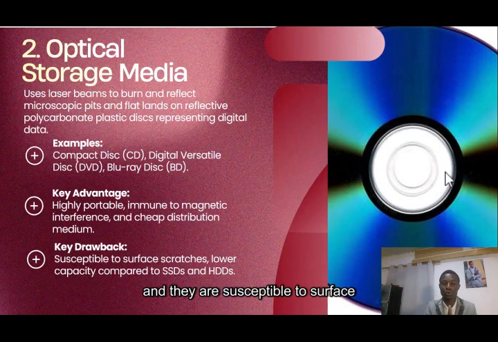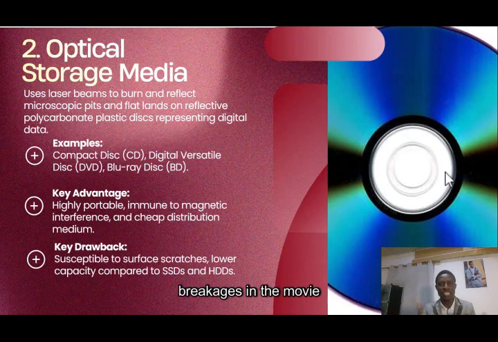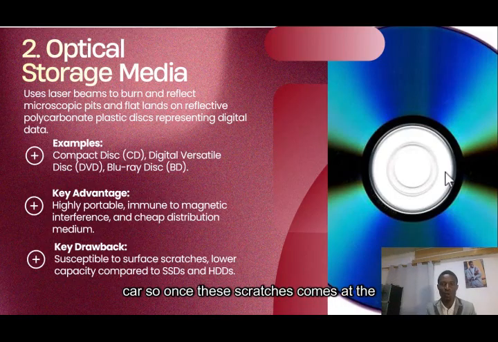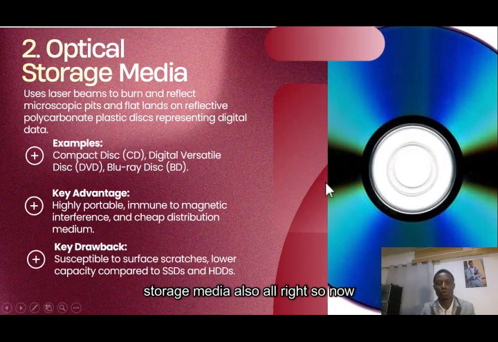And they are susceptible to surface scratches. When you have these optical storage media for some time and you are playing movies from them, you see that there will be breakages in the movie caused by the scratches at the back of the disc. So once these scratches come at the back of the disc, their efficiency will drop. So this is also a key disadvantage of this storage media.